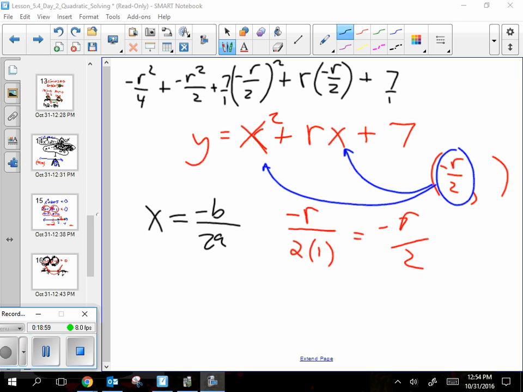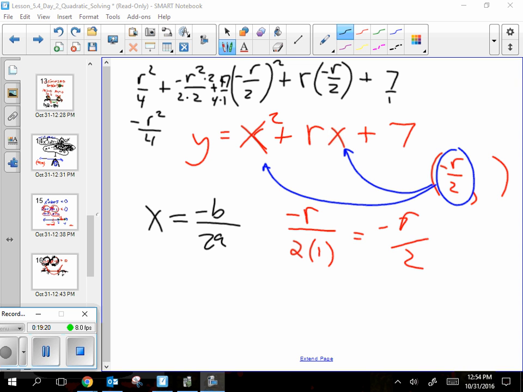And then you multiply this one by 2 over 2. And this one by 4 over 4. You're right. It's positive. Thank you. Okay. And then I would have r squared minus 2r squared would be negative r squared over 4.